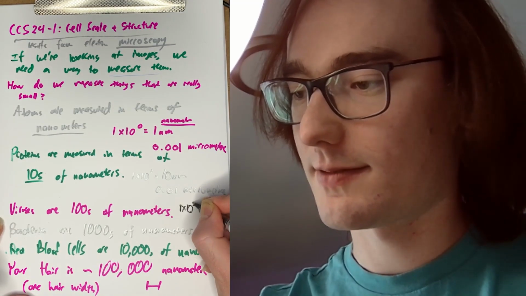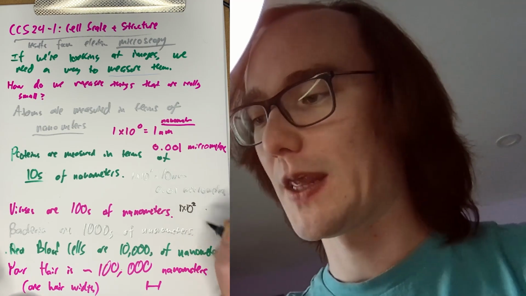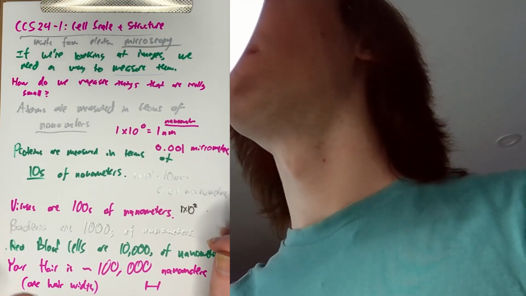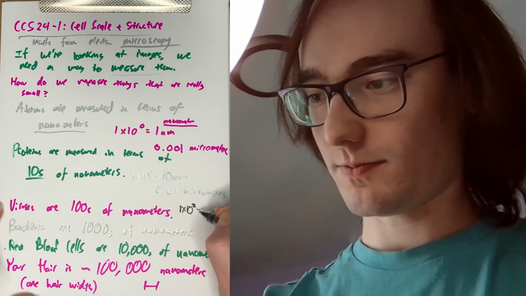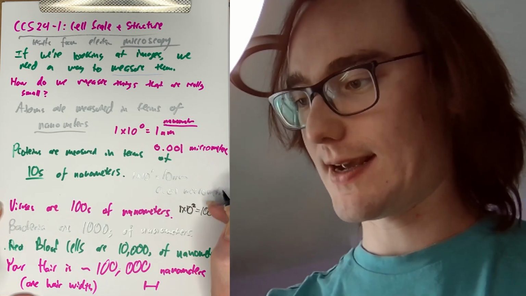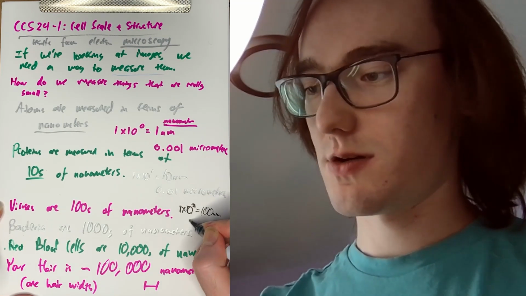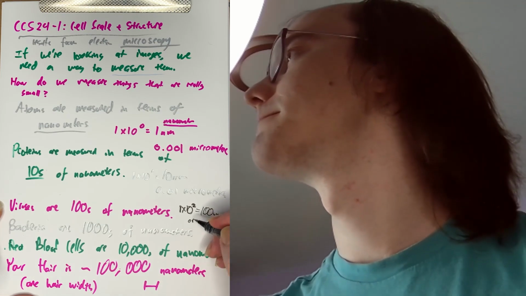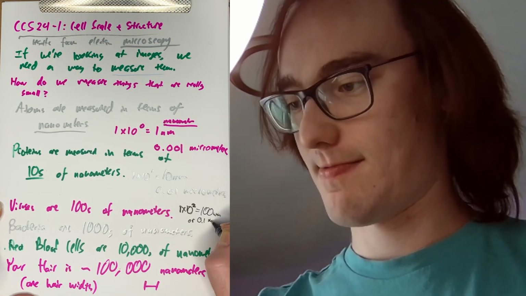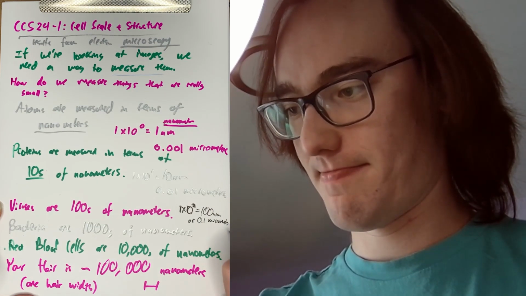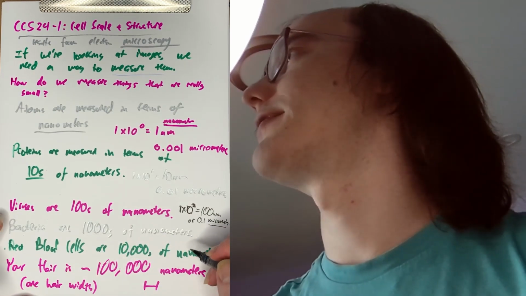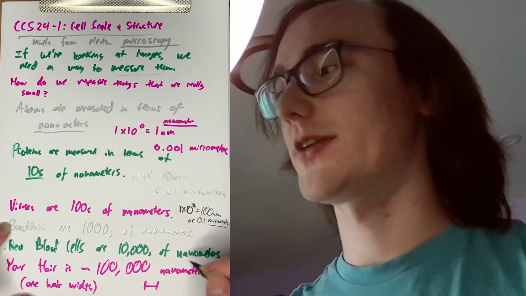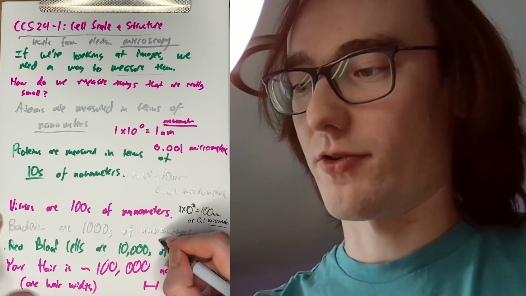That's marginally superior. We'll take that. 1 times 10 to the 2 equals 100 nanometers, or of course, 0.1 micrometer. Close enough. And then over here in the thousands of nanometers, 1,000 nanometers is a micrometer.